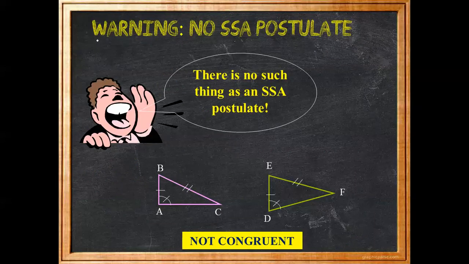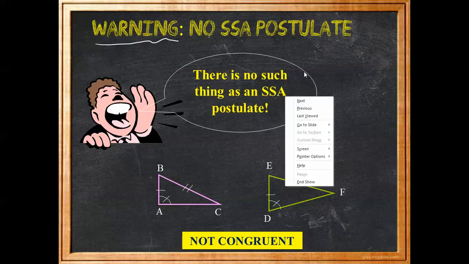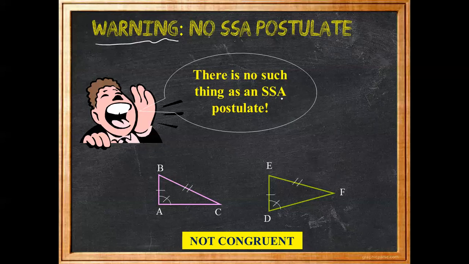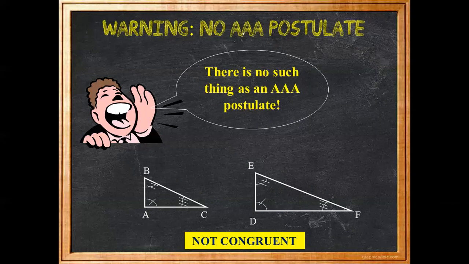So here is your warning, okay? There is no side-side-angle postulate, okay? There is no such thing as side-side-angle, okay? We cannot prove that triangles are congruent if we're given two sides and an angle. We also cannot prove that two triangles are congruent by angle, angle, angle.